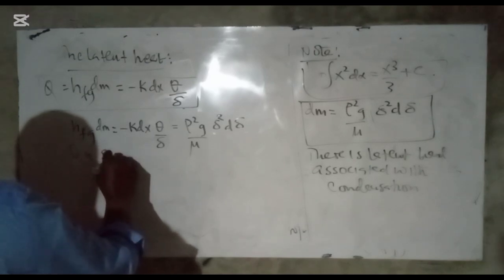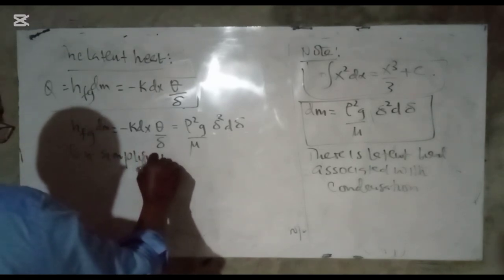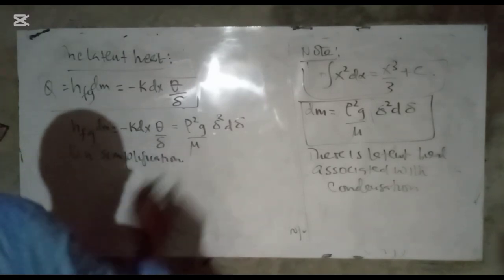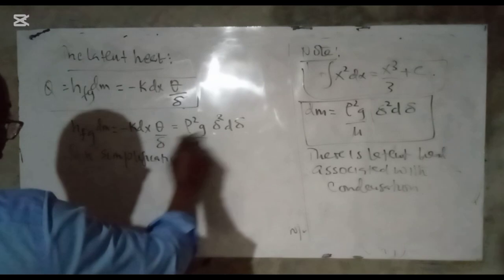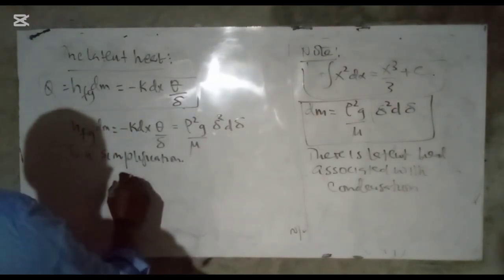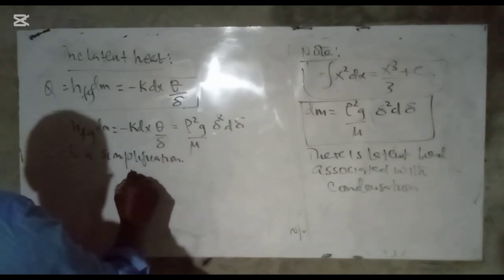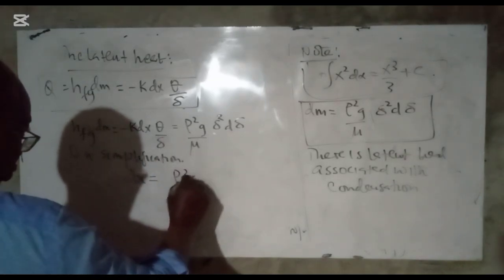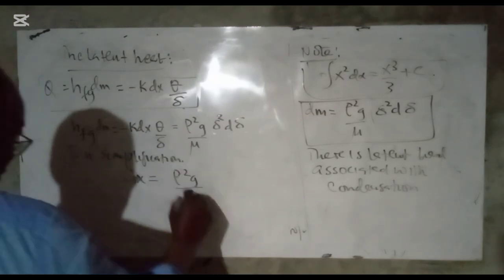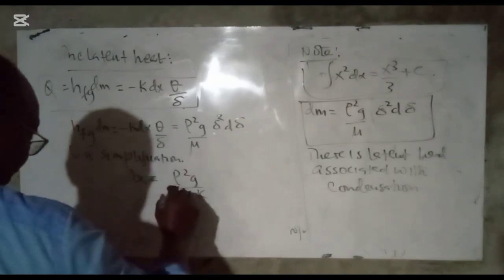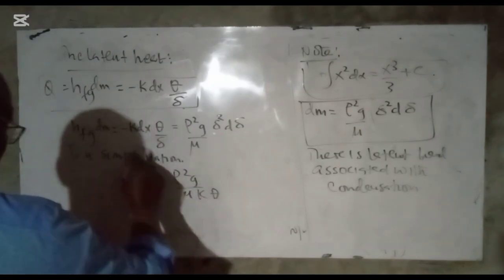On simplification, we can take the k down, cross multiply the k's, the sigmas, and this theta. So we have dx will be equal to rho squared g over mu k theta.